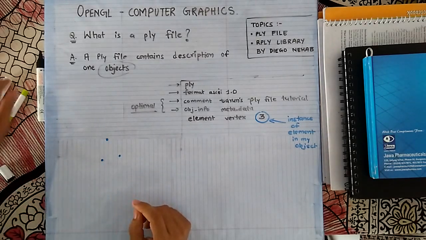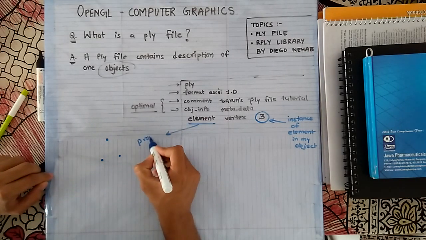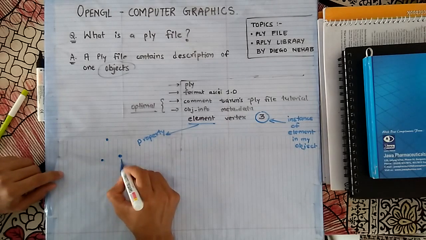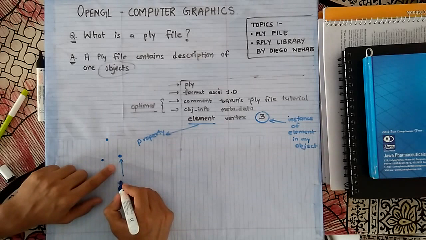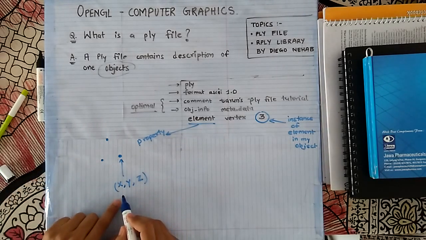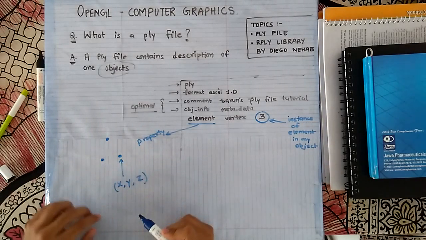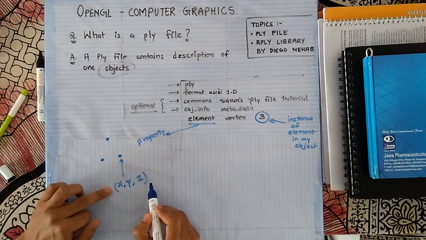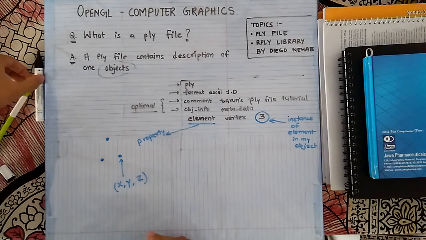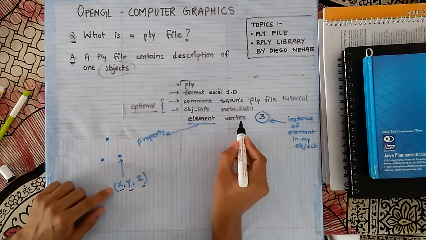Now every element has certain kinds of properties. Now you may be confused, what are these properties? To denote this element in computer graphics, you have to show the x, y and z coordinates of this point. Similarly for all these vertices, you have to show the xyz coordinates. So we will get back to that later. For now we will just define these xyz properties of the element vertex.